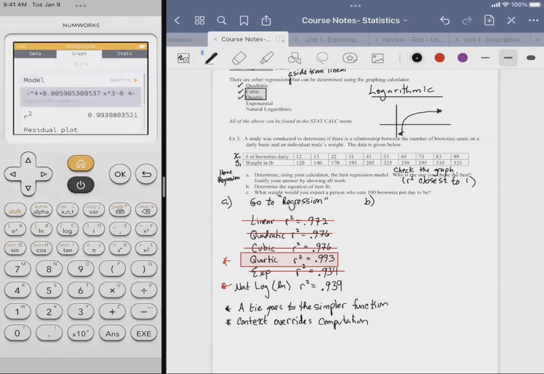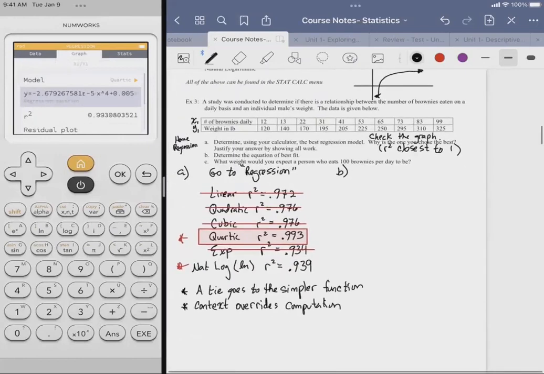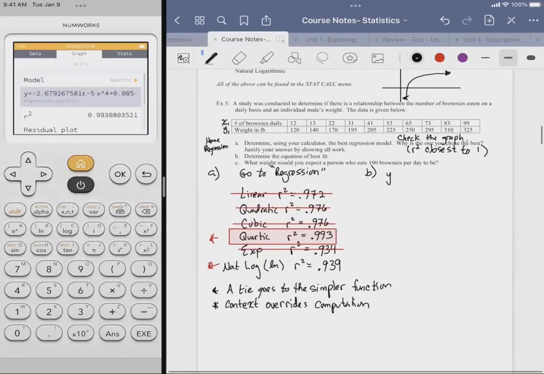You may consider rounding it just because the numbers are a little crazy, but you could also technically write the entire thing if you want. So the equation of best fit, we say y equals, now I'm looking at this, I see scientific notation there. See that E-5, that capital E, that's scientific notation.